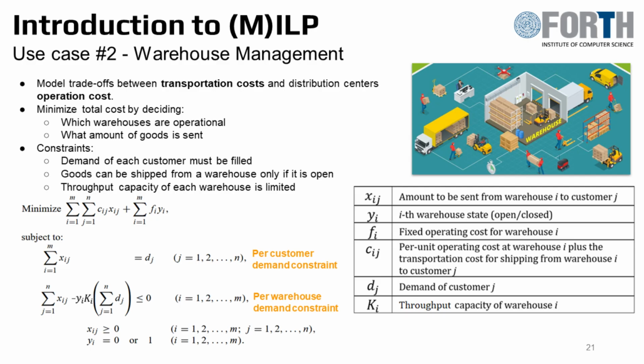If the warehouse is closed, shipments must be 0. If it is open, shipments are limited by its capacity. This additional constraint strengthens the model and reflects real operational limits. The structure remains mixed integer linear, but the feasible region becomes more constrained and more realistic.